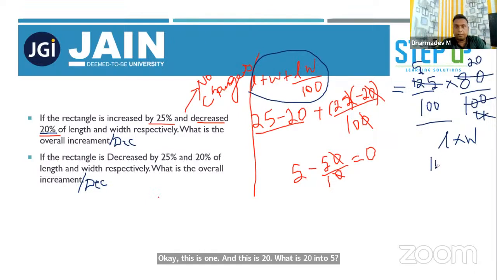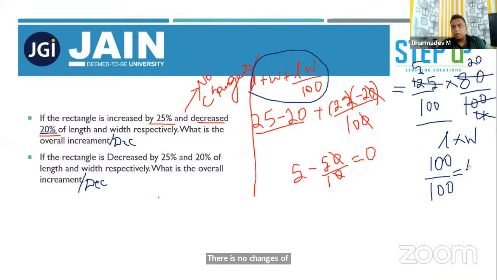My denominator should always be 100, so it is 100 by 100. 100 by 100 means there is no change of increment or decrement. Hence, no changes. Are you getting it?